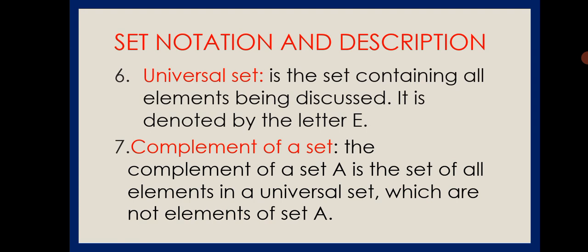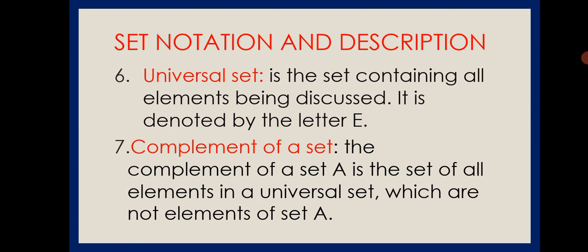So that idea that we have, what is a universal set? In other words, that's what we used to call the mother set, meaning the set containing all the elements being discussed.